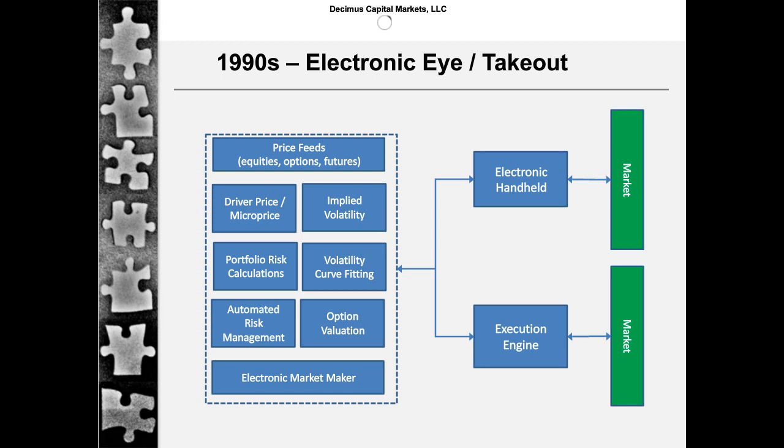But I don't think people really understood until the business evolved a little more that the floor trader was actually doing a lot of work to protect the firm from errors and from miscalibrations in the primary system.